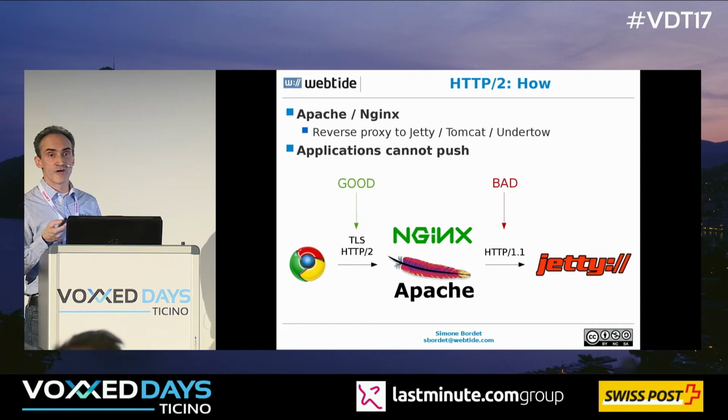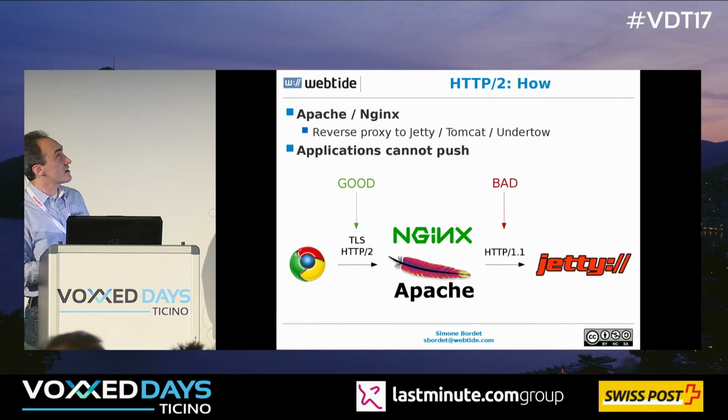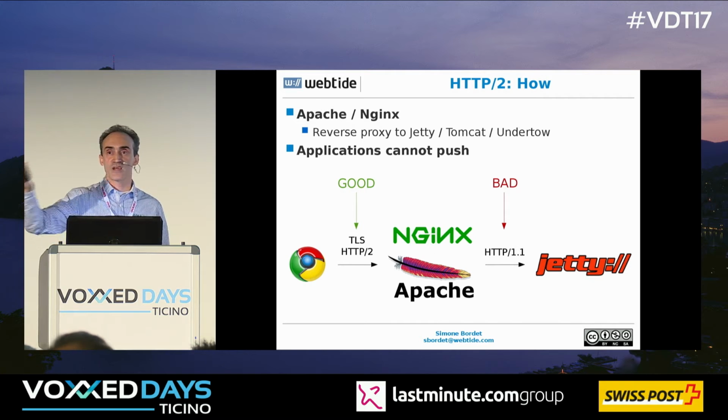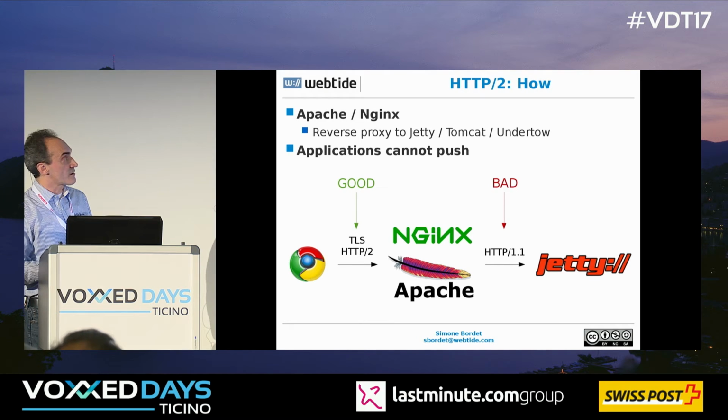So a typical configuration for Java development or deployments is browser, Apache or Nginx as reverse proxies, and then calling back into Tomcat, Jetty, or Undertow, Wildfly, whatever. This used to be a standard configuration.